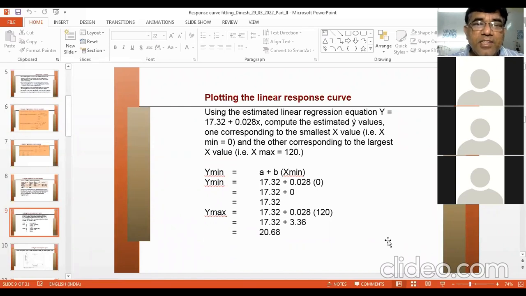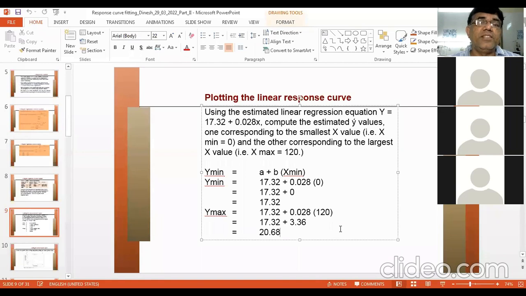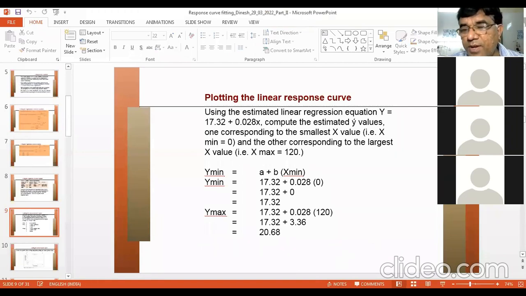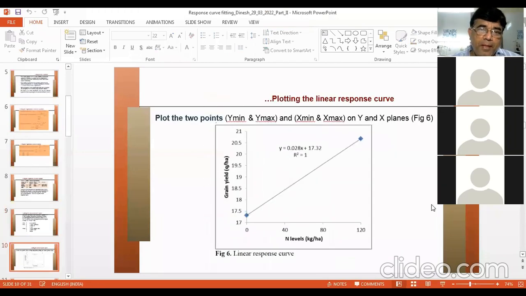So you can get the estimated value of y when your input level is maximum. Therefore, you get 20.68. So now you have 4 values and you can plot this.